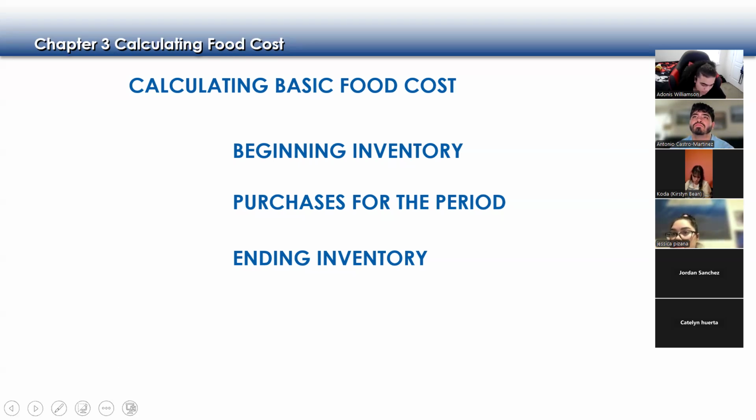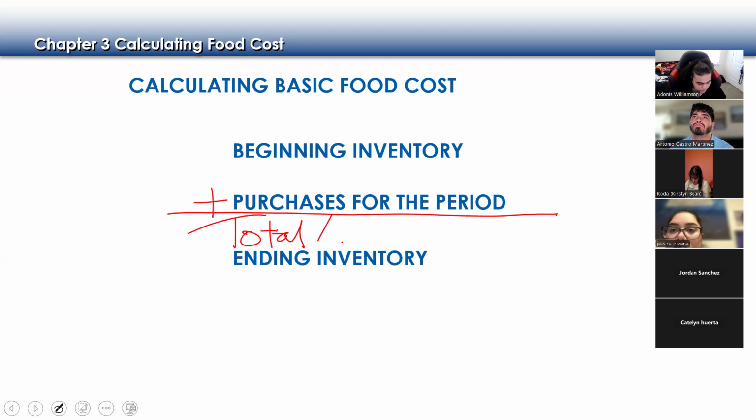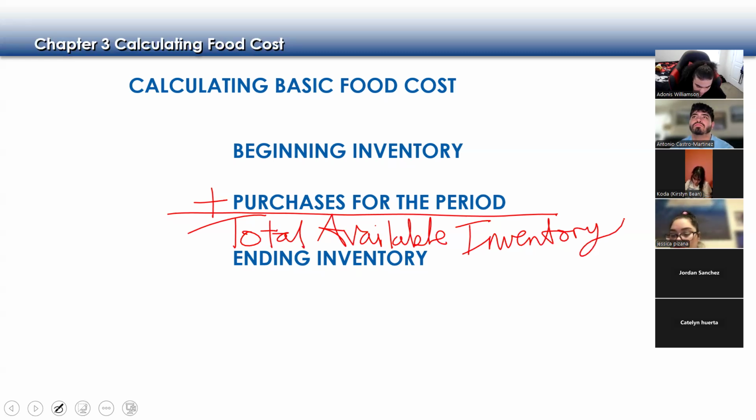So we're going to add our period purchases for that particular period. And this gives us our total available inventory. That's all the money, that's all the ingredients we have available to sell that particular period of time.